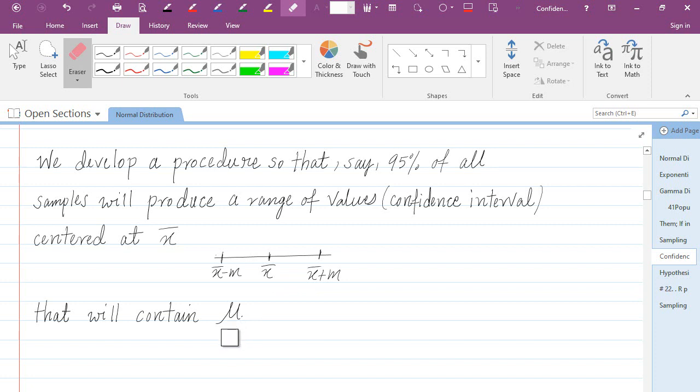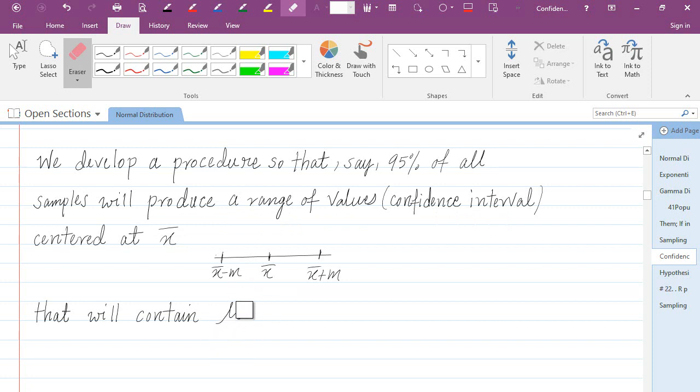Again, we will develop a procedure to create an interval, that is, a range of values centered at the sample mean. Such a range of values or interval will be called a confidence interval. Our procedure would be such that 95% of all samples will produce confidence intervals that will contain the actual population mean.